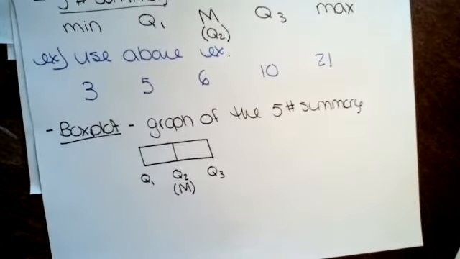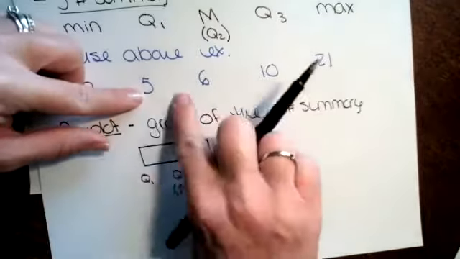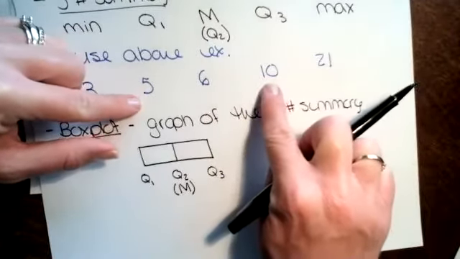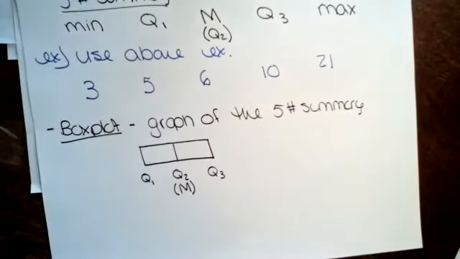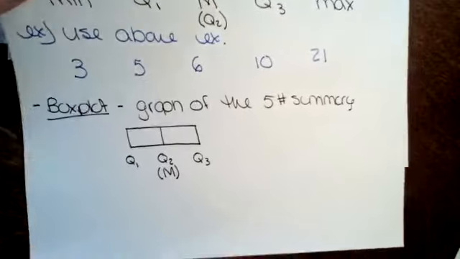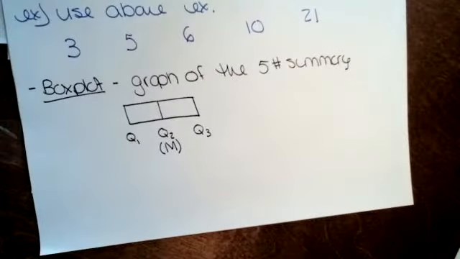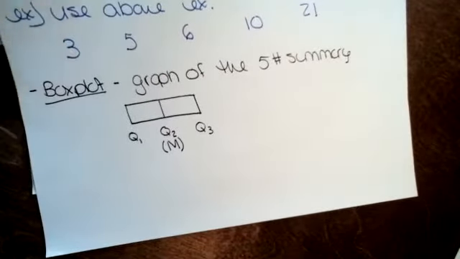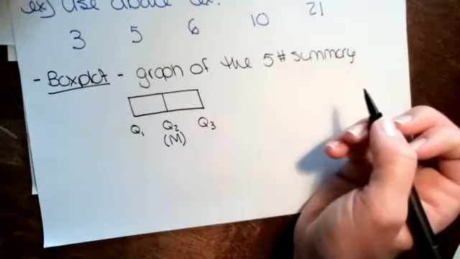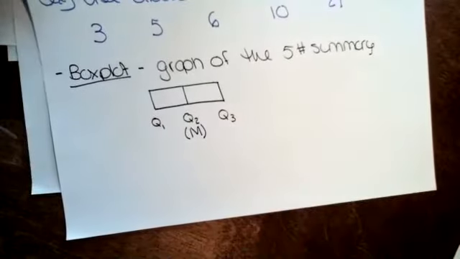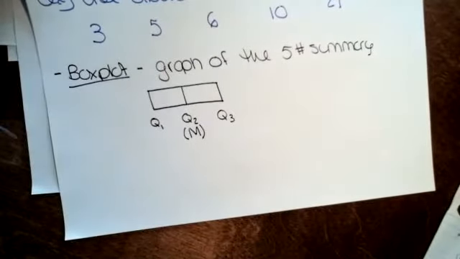Now, my box represents the 3 middle numbers of my 5-number summary. And then I'm going to put my min and my max in. But I have to do something else first. The thing I have to do first is calculate what we call fences. These fences are the cutoff values for my outliers.